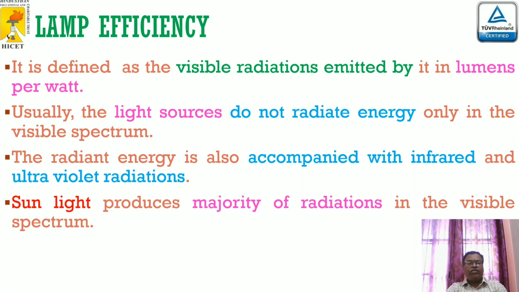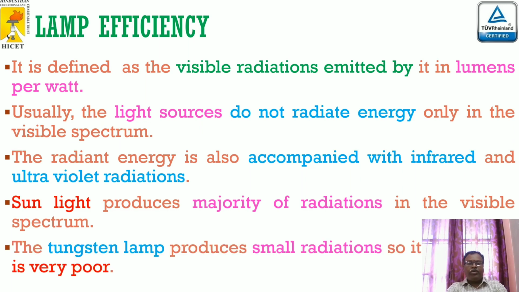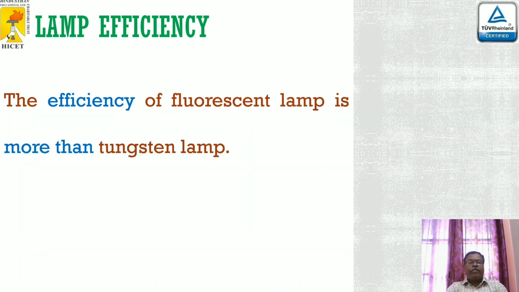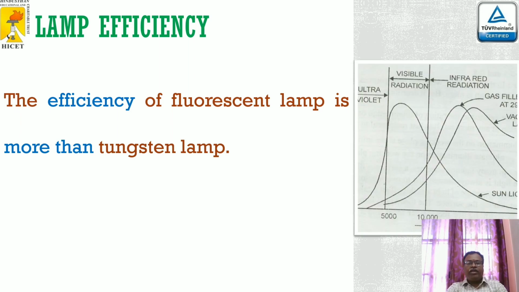Sunlight produces the majority of its radiation in the visible spectrum. The tungsten lamp produces little visible radiation, so its efficiency is very poor. We have already seen that the efficiency of a fluorescent lamp is more than that of a tungsten lamp, because you can see in the graph the ultraviolet, visible and infrared radiations and the gas filter. So 5500 is a very good range for that.